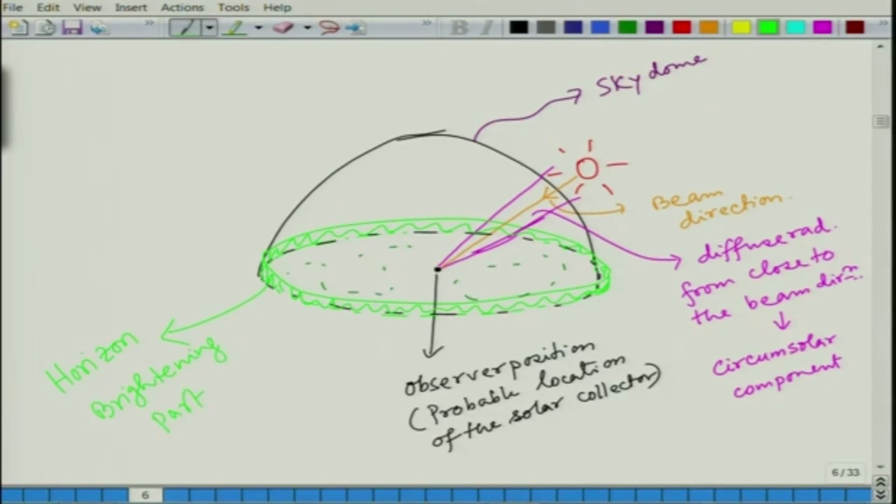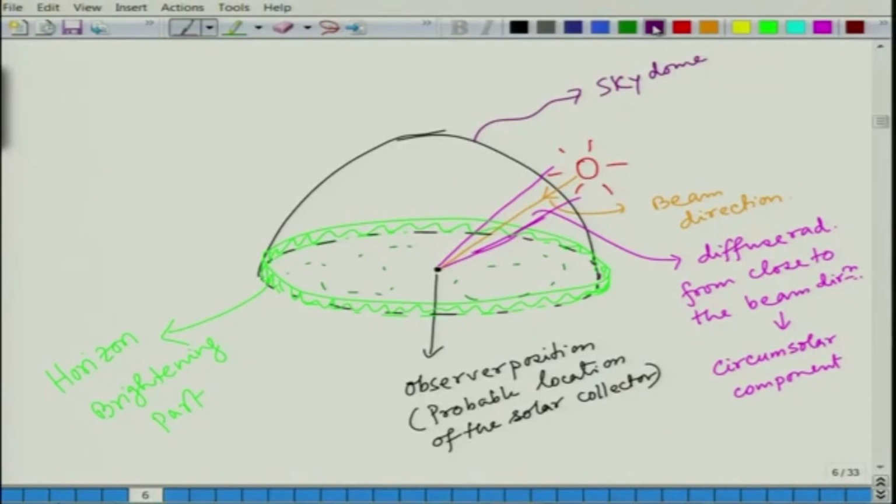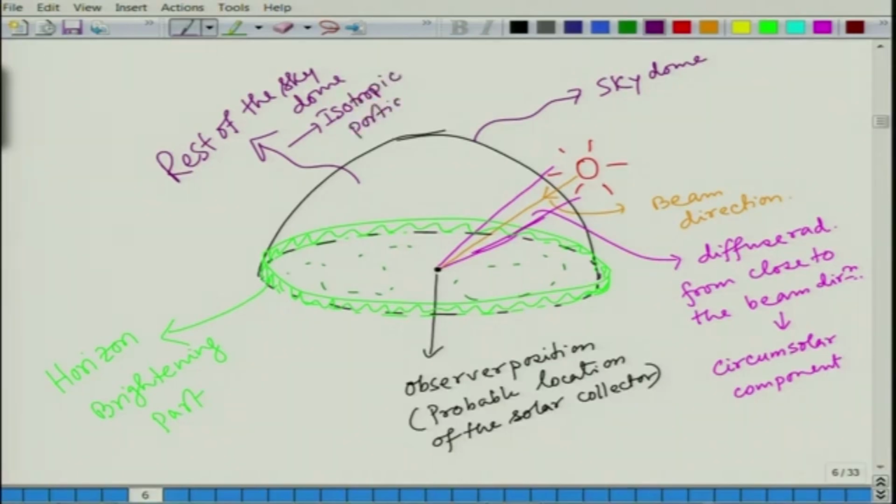So, these two are major components of extra diffuse radiation. For the rest of the sky we have uniform diffuse radiation, and that is what we call the isotropic portion, and it does not depend on the direction.